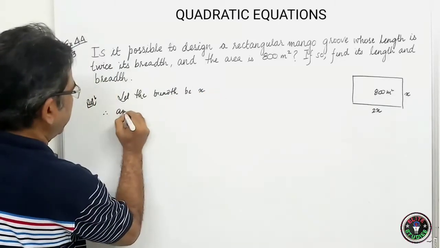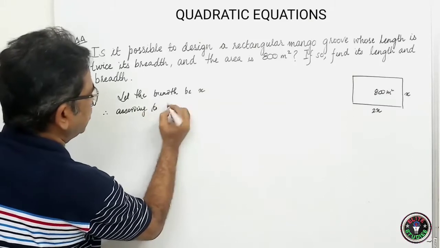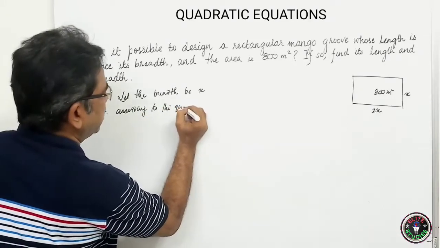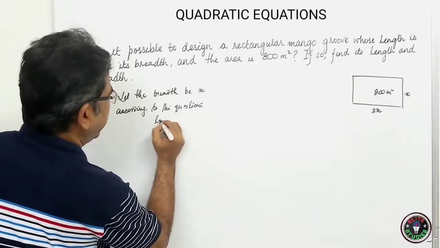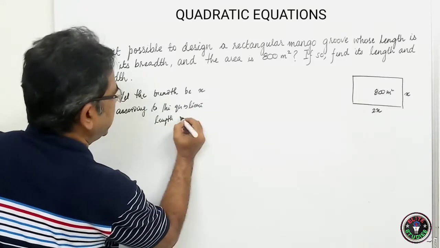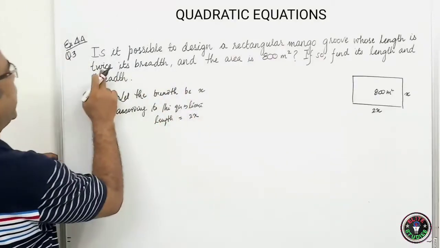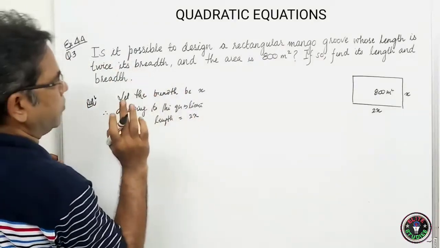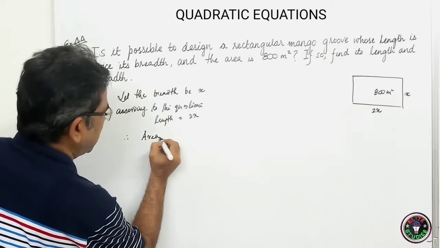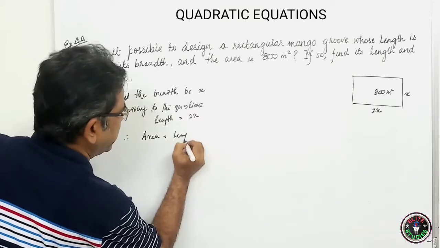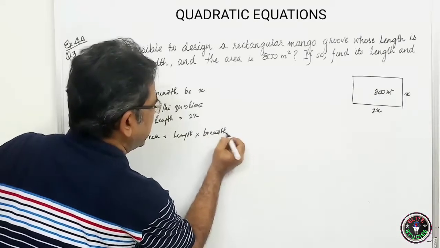So therefore, according to the question, length is equal to 2x, because length is twice its breadth. Twice means 2 into its breadth. Okay. So therefore, area is equal to length into breadth, isn't it? So it will be what?